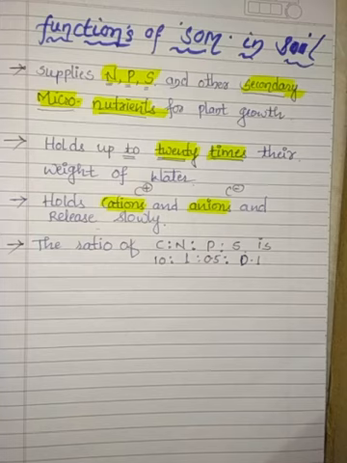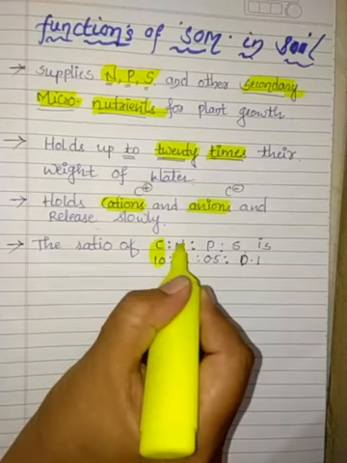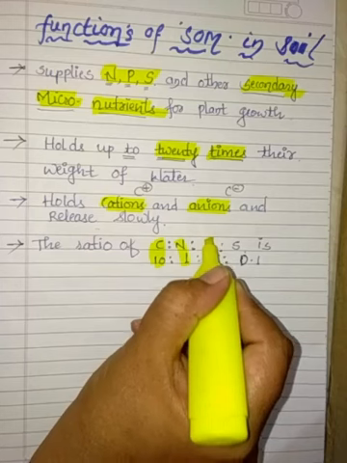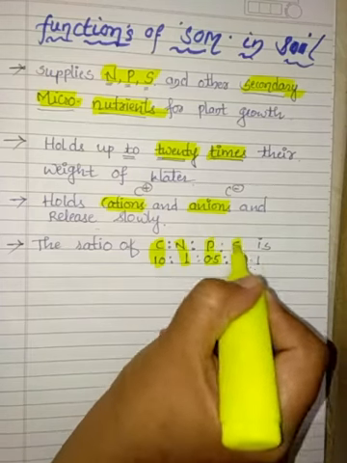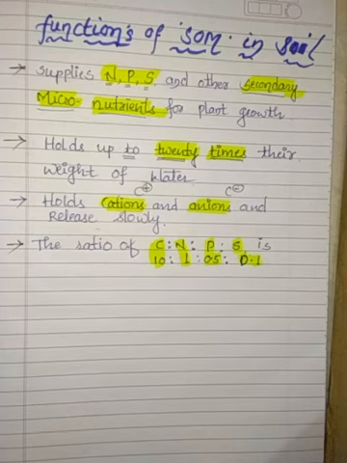Okay, so what I want to tell you is that the ratio which can be kept constant by this SOM is carbon 10, nitrogen 1, phosphorus 0.5 and sulfur 0.1. Okay, this ratio is kept constant by this particular soil organic matter.